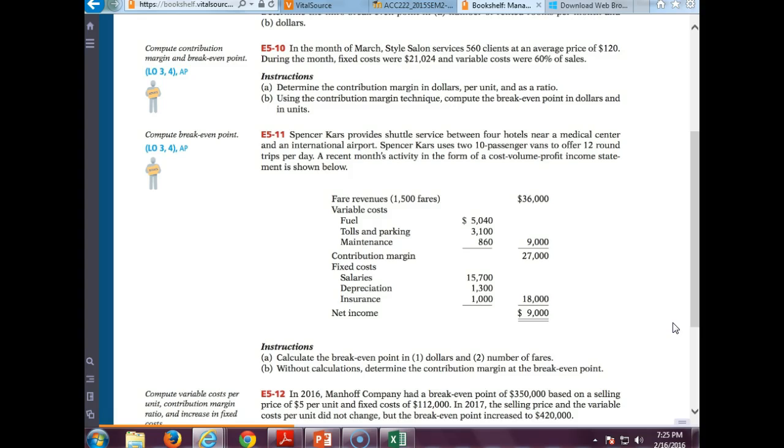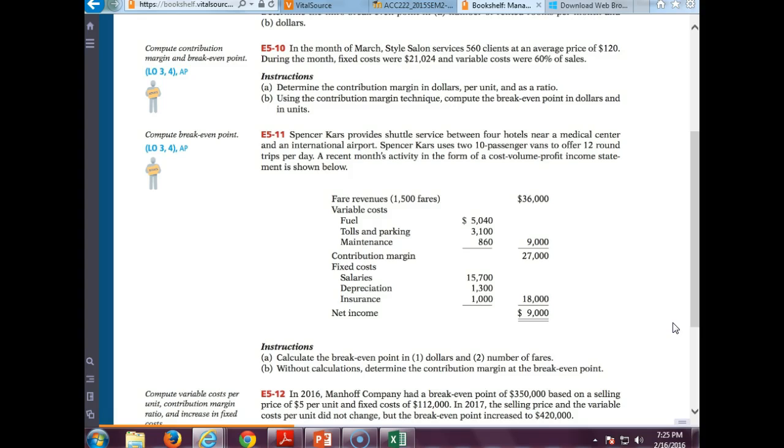511 says, Spencer Cars provides shuttle service between 4 hotels near a medical center and an international airport. Spencer Cars uses 2 10-passenger vans to offer 12 round trips per day. A recent month's activity in the form of a cost, volume, profit income statement is shown below.